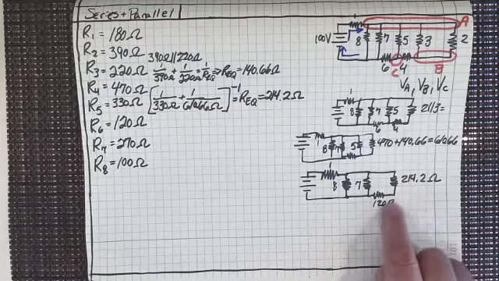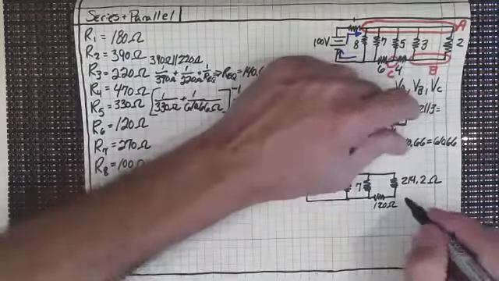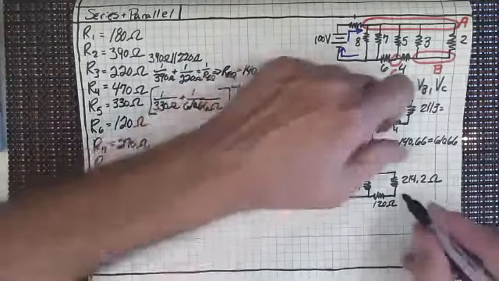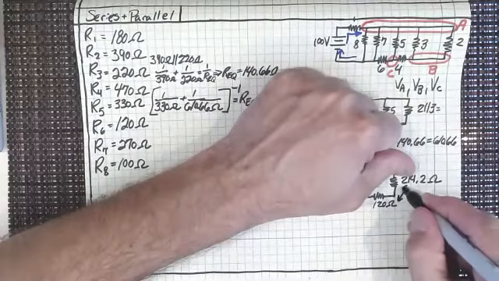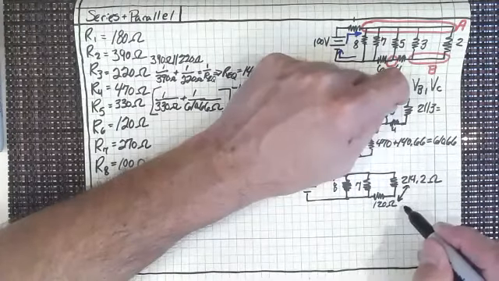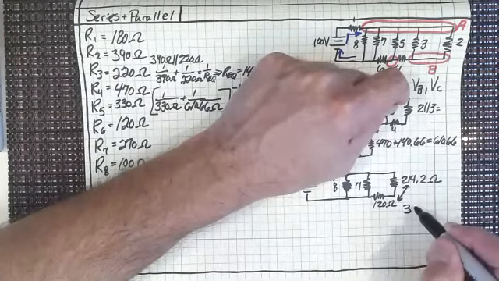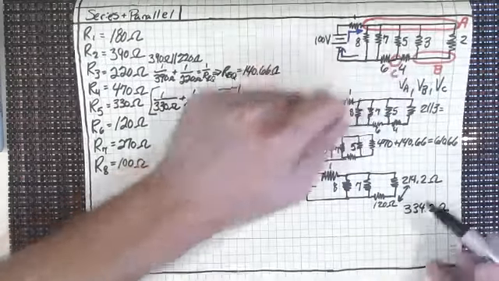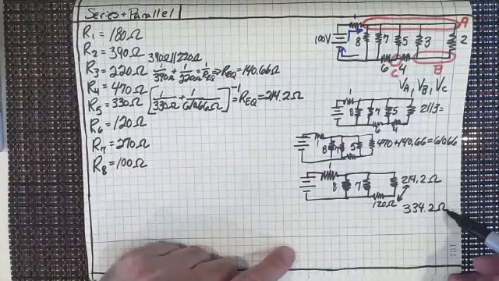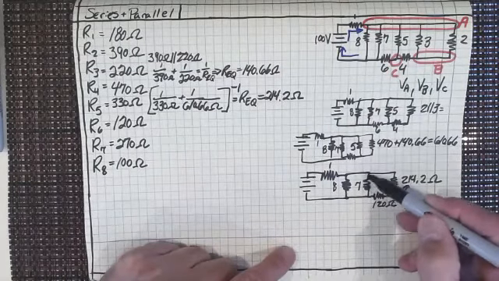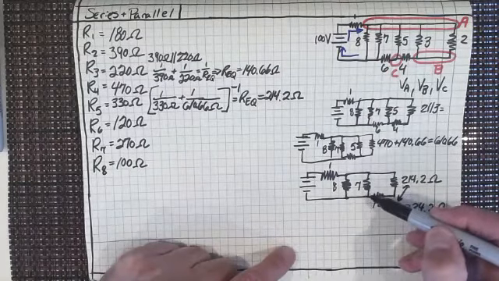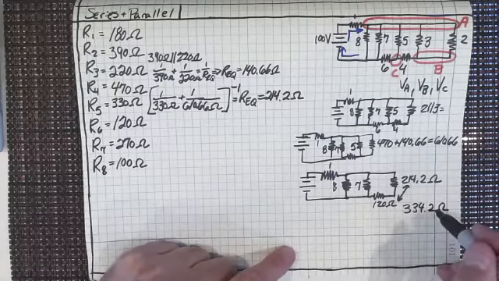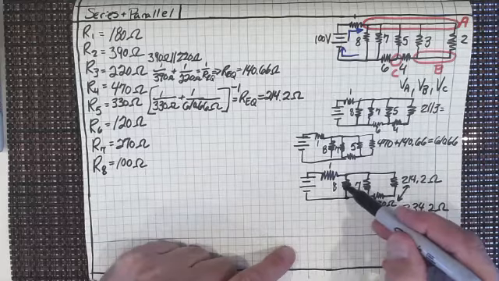If I add those two together, that's going to give me 334.2 ohms. Now that 334.2 ohms is in parallel with 7, isn't it? It's in parallel with 7. Hey, you know what? It's in parallel with 7, it's in parallel with 8.